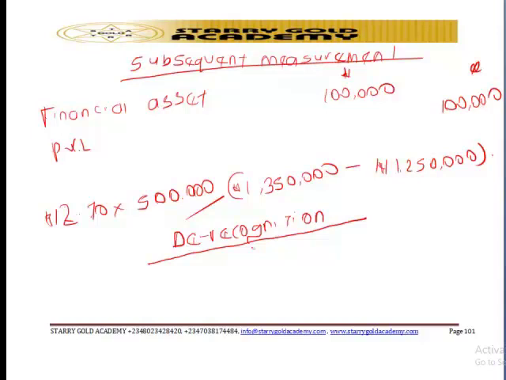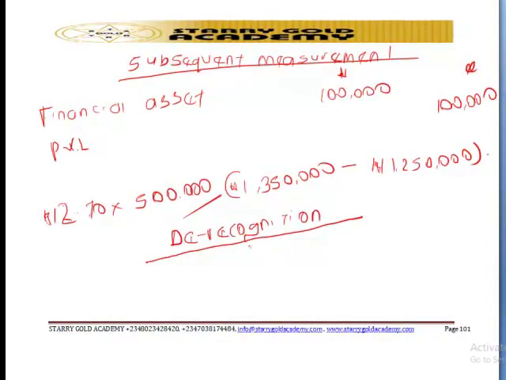Then of course, in as much as you recognize it as a financial instrument, you need to quickly do initial measurement. And please pay attention to the kind of English that is used. If they say they issued, that means it is a financial liability on their own part. When they are issuing, people are giving them cash.